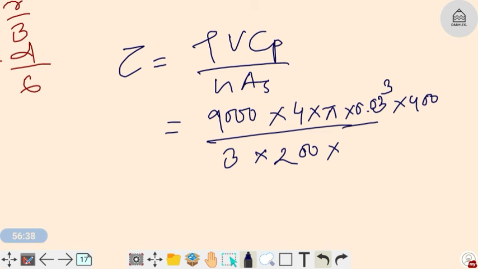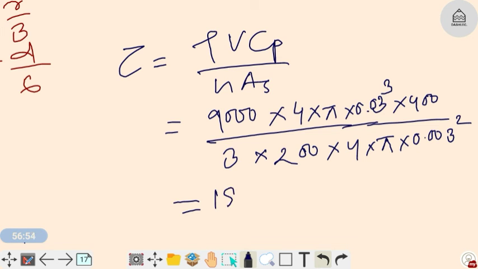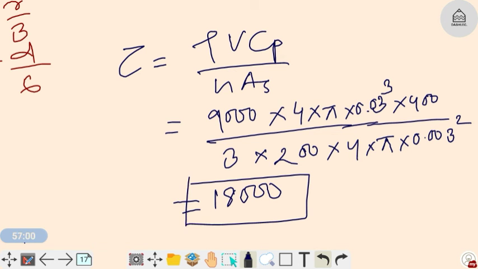A, the surface area, is 4 pi r square, 0.003 square. So from here my tau will come as 18,000. Remember this, my tau is 18,000.